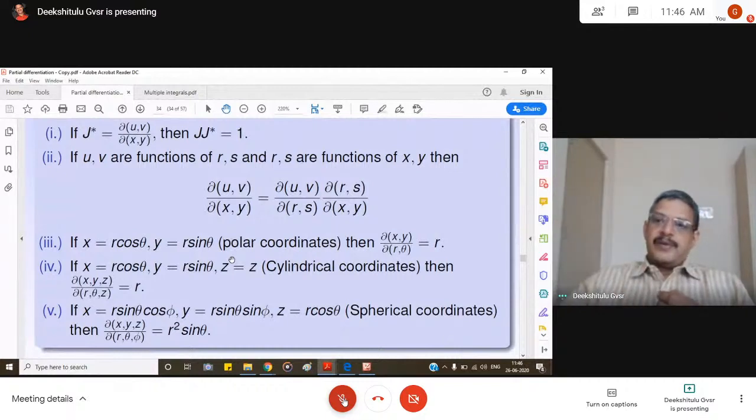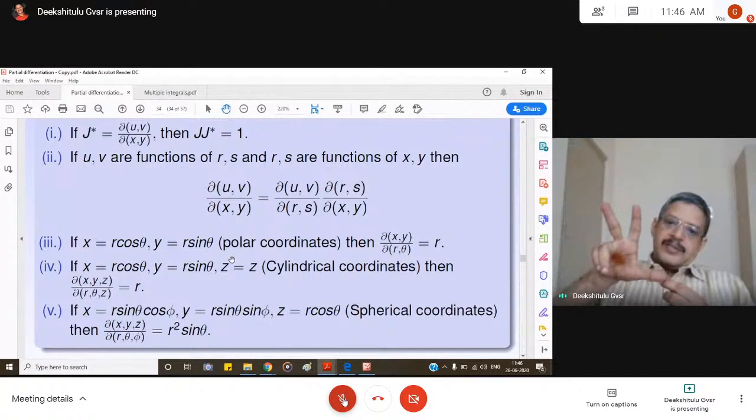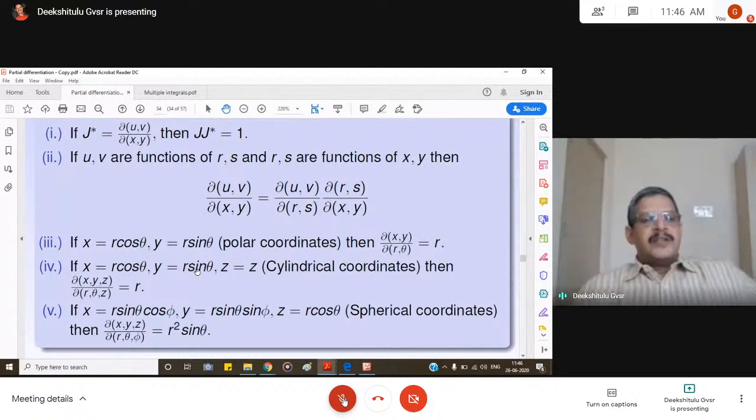The length of this segment is r, and the angle it makes with the positive x-axis is theta. So x is equal to r cos theta, y is equal to r sin theta, which is very familiar to you. Then the Jacobian is r. When x is equal to r cos theta, y is equal to r sin theta, and z is equal to z, a cylindrical coordinate system, then the Jacobian is r.